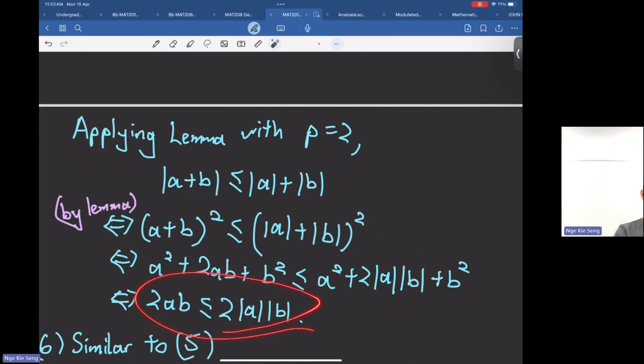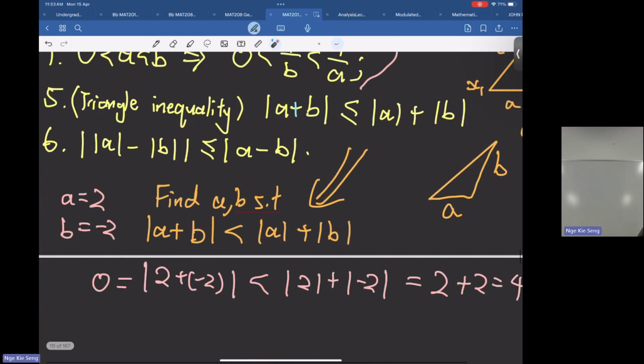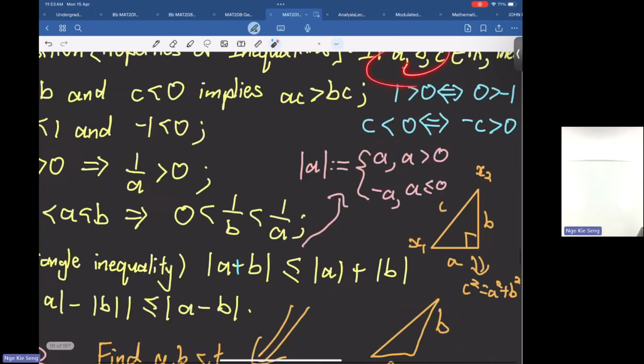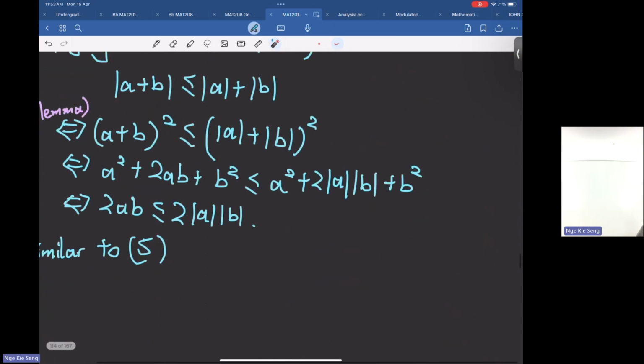Is this always true or not? The last line here. Is this always true? So this has to be true for what? For a and b arbitrary. Okay, arbitrary. Any a and b. Is it true or not?